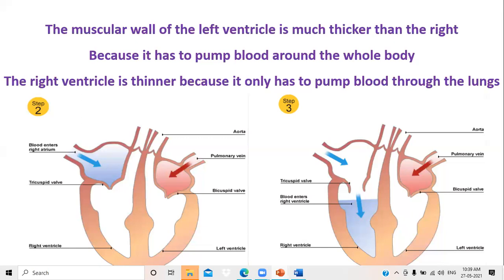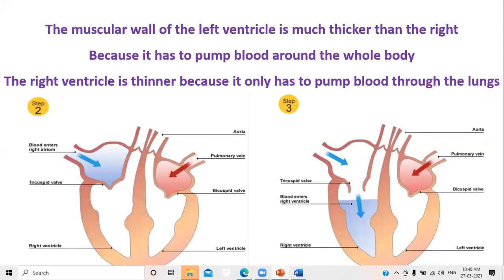Then after that, it will get back to the left side of your heart through the pulmonary vein into the left atrium. Then the left atrium will push the oxygenated blood to the left ventricle. Then the left ventricle will shoot the oxygenated blood out of your heart through the aorta to make a complete circulation around your body, to give the oxygen away to all of your organs and take the waste.